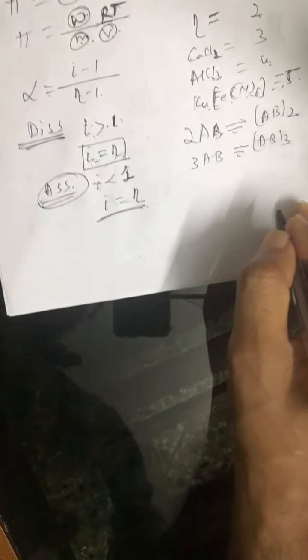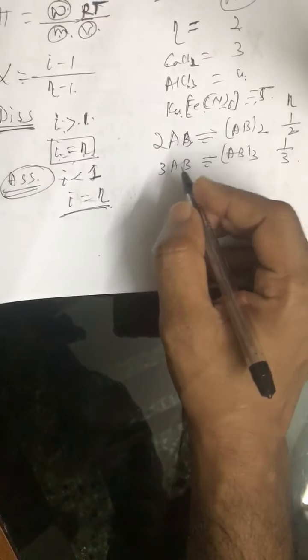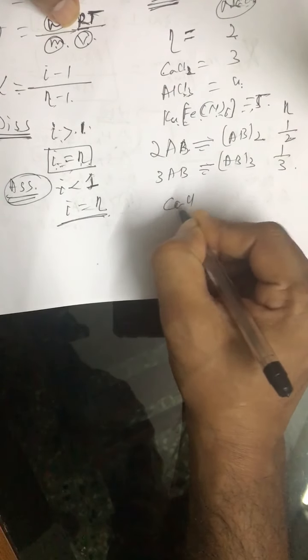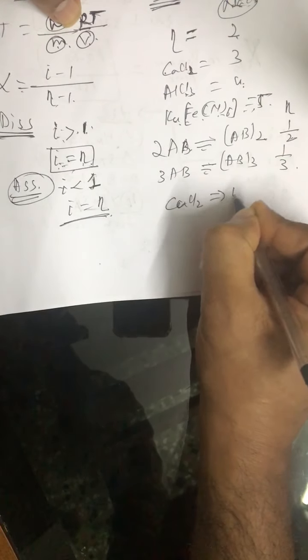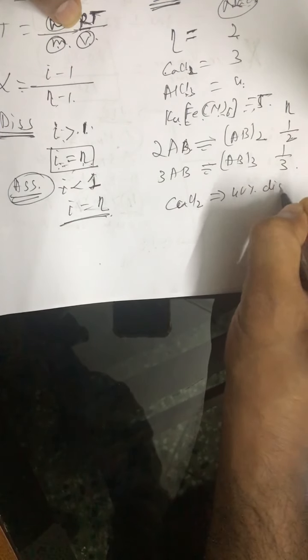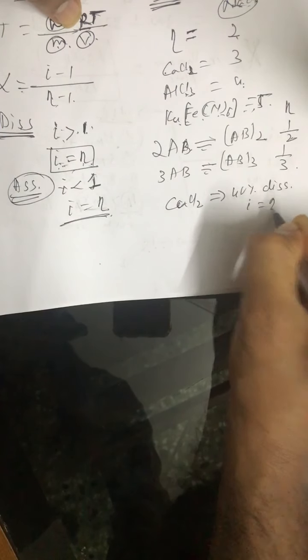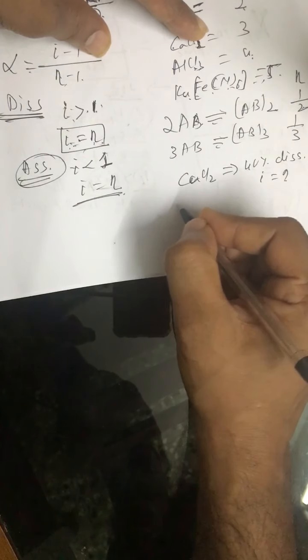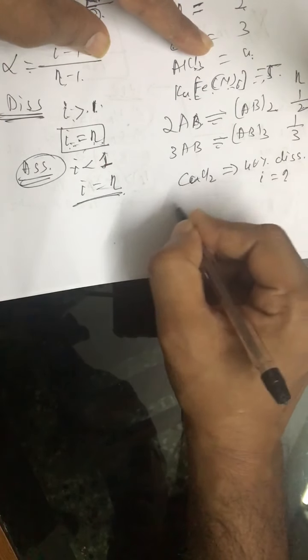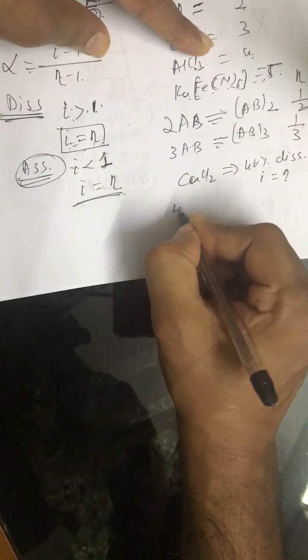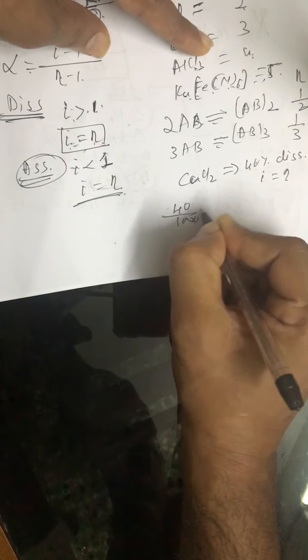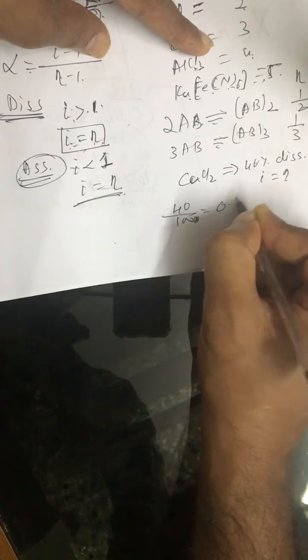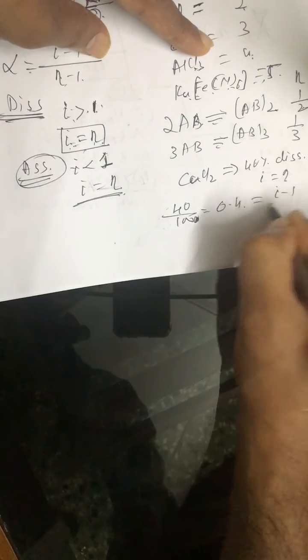Suppose we are given a question like: CaCl2 is 40% dissociated. Calculate the value of i. Then alpha is 40 by 100, which is equal to 0.4. That is equal to (i minus 1) upon (eta minus 1).